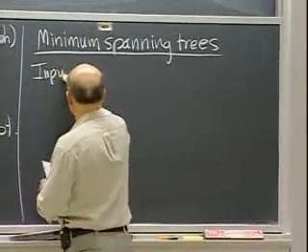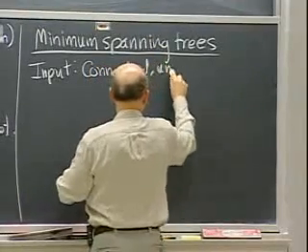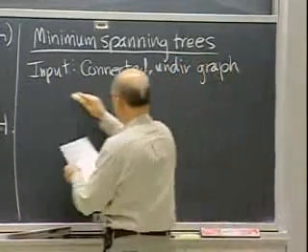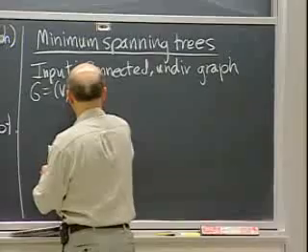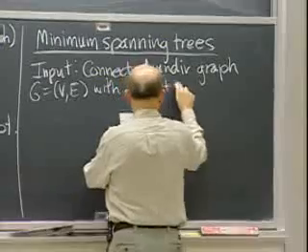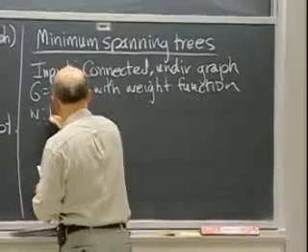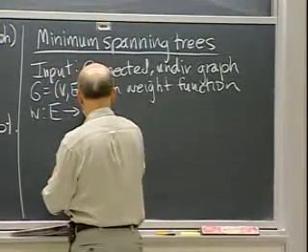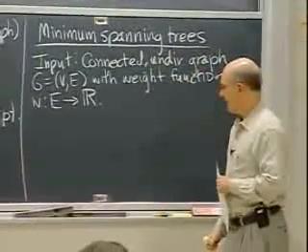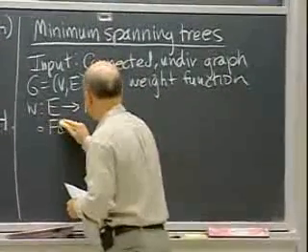So the problem is the following. You have a connected, undirected graph, G equals (V, E), with an edge weight function W, which maps the edges into weights that are real numbers. And for today's lecture, we're going to make an important assumption, for simplicity.